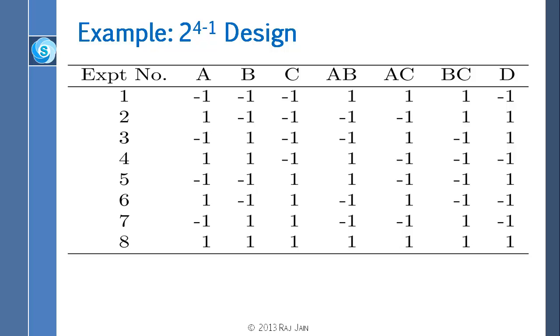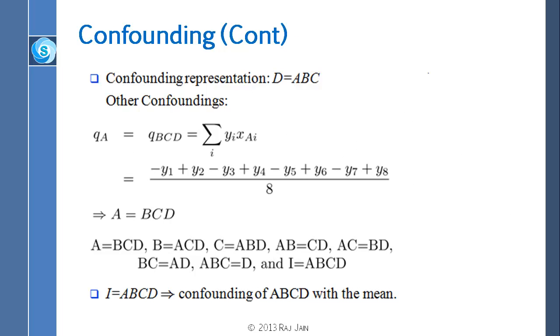All right. Now, this is not the only thing which is confounded. D and ABC is confounded, but there is more. You write down this thing, D equal to ABC. That you already figured out, right? Because you wrote the column D equal to ABC.